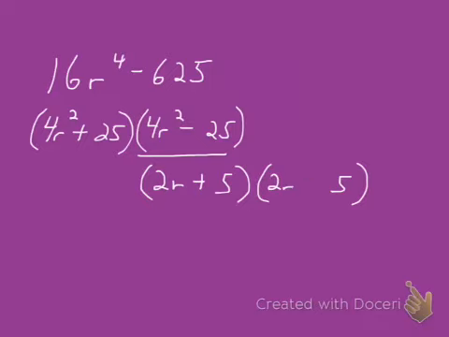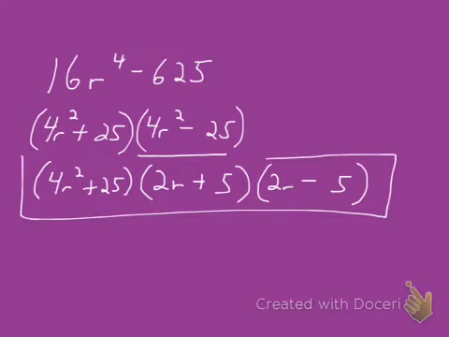Make one plus, make one minus, and that would give you the 4r squared minus 25 back if you multiplied it. And then do not forget to bring this back to the front of it. So this would be the final answer of all of it.